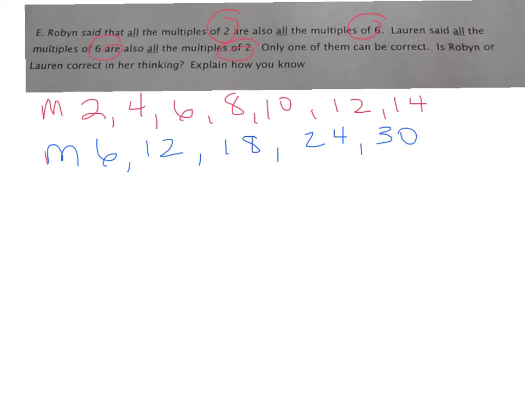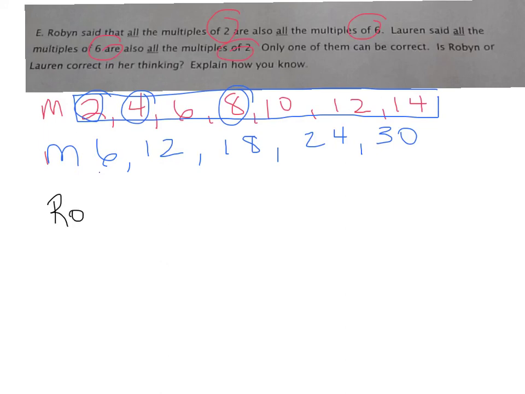Now, let's look. Are all the multiples of 2 going to be a 6 multiple? Are all these going to be 6s? Well, let's see. Did we get to all of them? Well, no, we didn't. We didn't say 2 was a multiple of 6. It's not. We didn't say 4 was a multiple of 6. We didn't say 8 was a multiple of 6. So can Robin be right? No, Robin is incorrect. Now, why is Robin wrong?